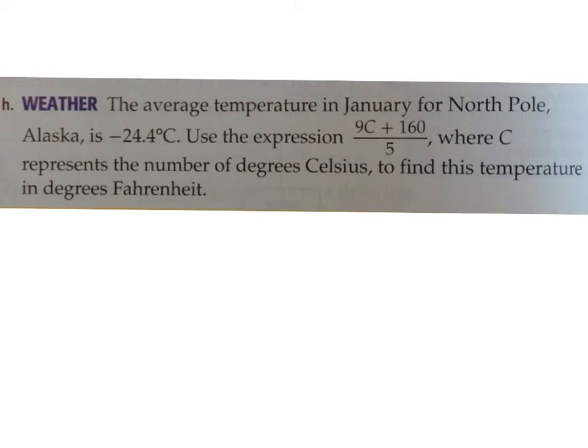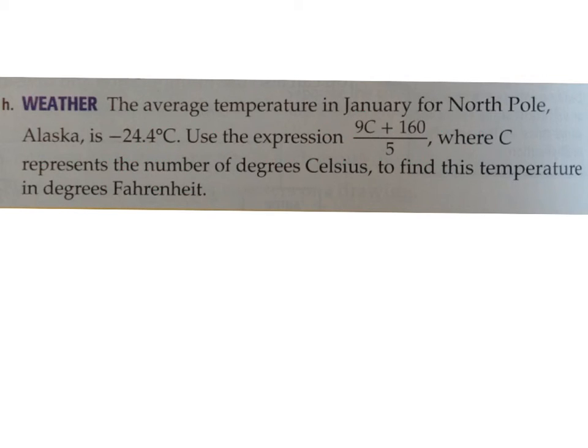So when I have a problem like this, first thing I want to do, I want to look at it and see, what does this C stand for? Make sure I understand that. C represents the number of degrees Celsius, and I'm using this expression to find the temperature in Fahrenheit. Where this C is, I'm going to put the degrees Celsius. So I'm going to add this number into the expression.